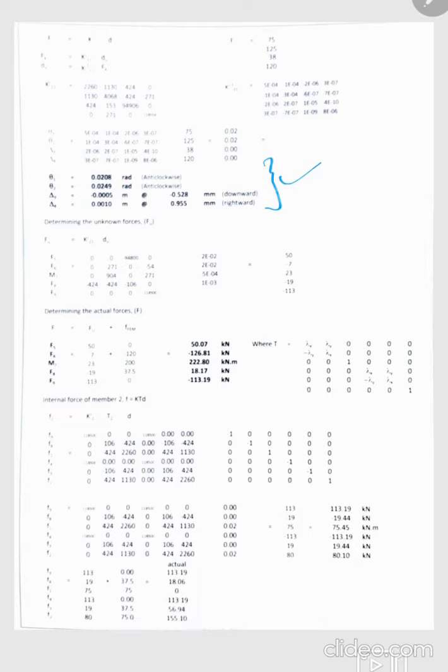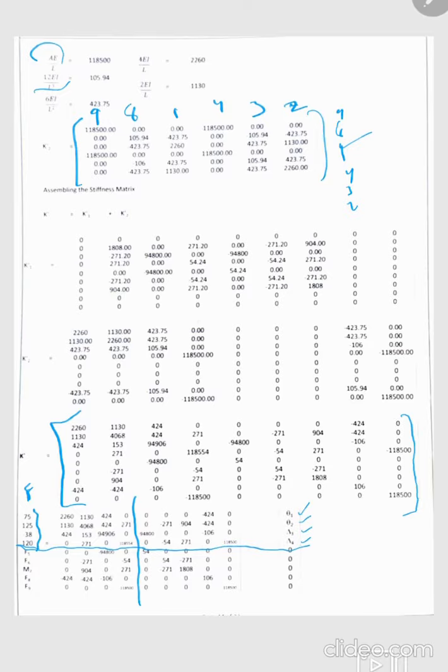After that, go back to find the unknown F, the unknown forces. That means the other part, F5, F6. We have moment 7, M7, then forces for the global system, 8 and 9.